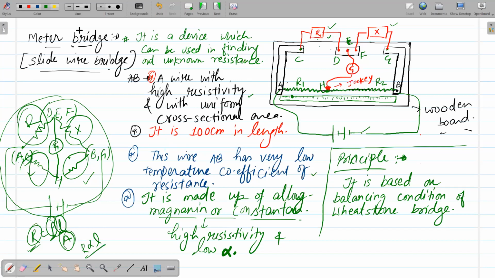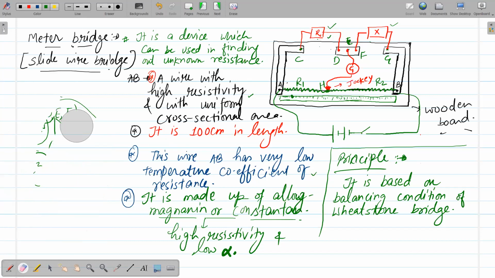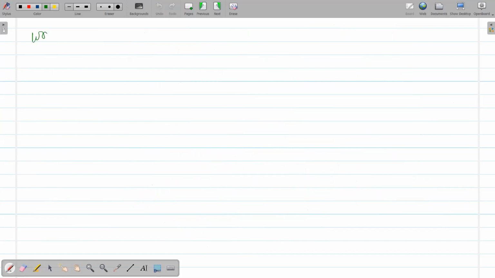Let us write all these things in the working and theory of the meter bridge, not here. So now I am going to tell you the working and theory. This is the simple part which is left now.